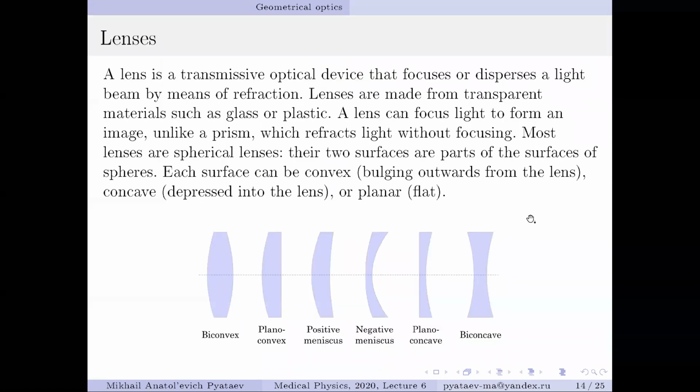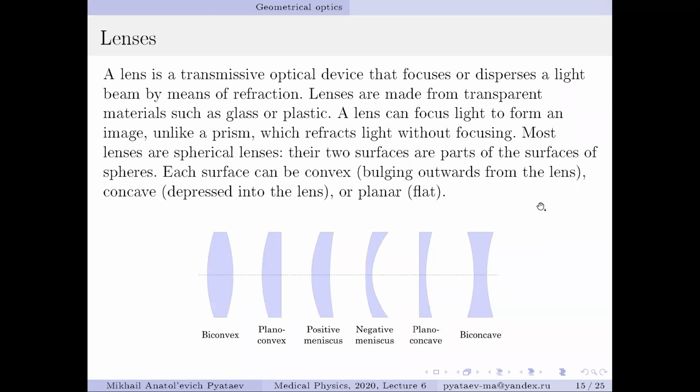From Snell's law we can obtain the result that we can use lenses to control the propagation of a light beam and for forming images.